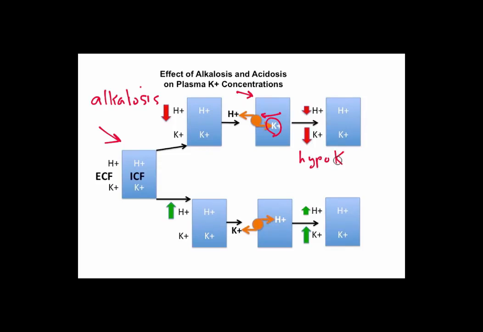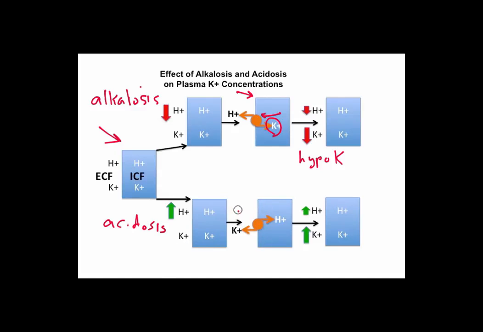So, what about the opposite situation? The opposite situation is acidosis, so a metabolic acidosis. And obviously that's when hydrogen ions are elevated. What's happening here is the same exchanger, hydrogen and potassium ions on the cell membranes.